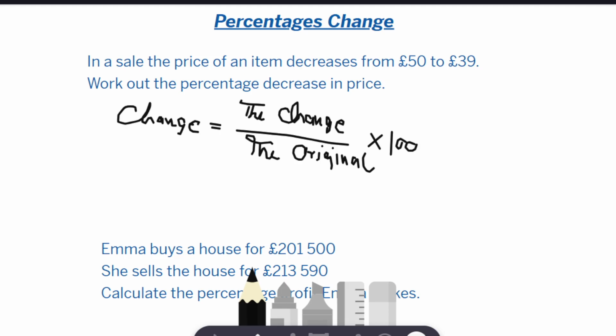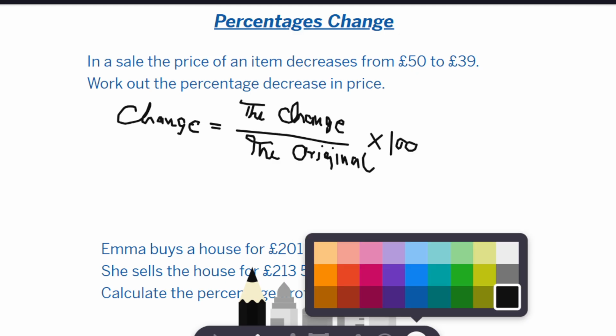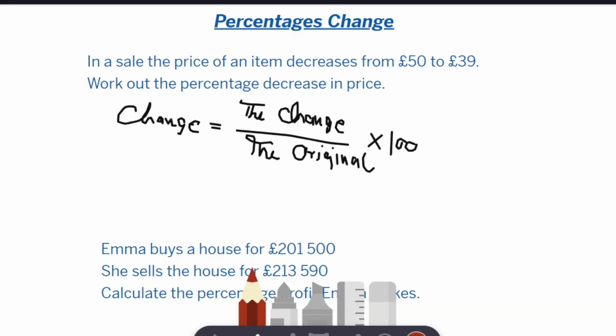So let's do this question here. In a sale, the price of an item decreases from £50 to £39. Work out the percentage decrease. This is a nice question. So what I will do here, I'll first find the change. How much did the price change?